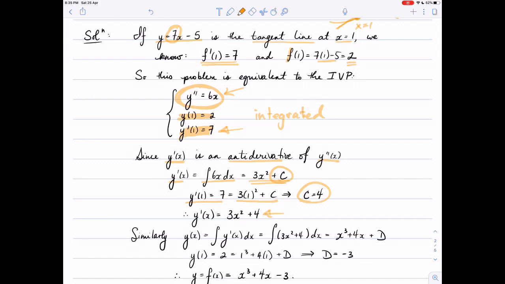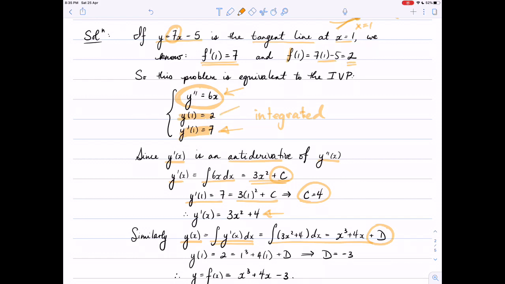We don't want just the first derivative, we want the original function, so we're going to go back up one more step. Integrating again, the original function y is an antiderivative of the first derivative, and so anti-differentiating again, we get this with another arbitrary constant of integration, d.